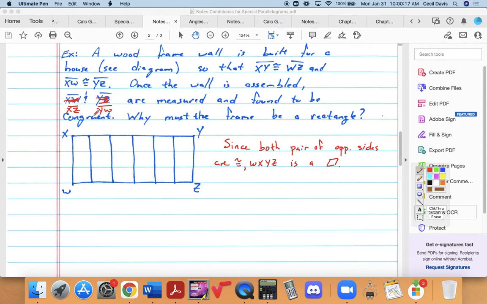So, what are these segments? What is segment XZ? A diagonal. And YW, the other diagonal. Since the diagonals are also congruent, WXYZ must be a rectangle.